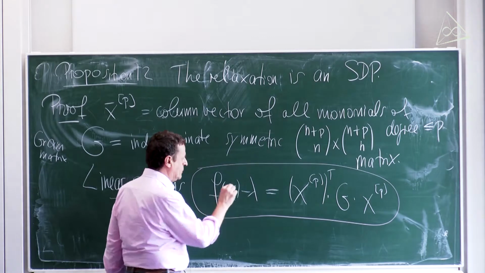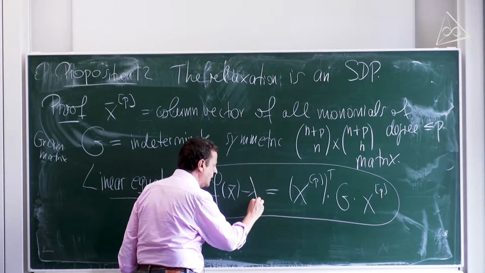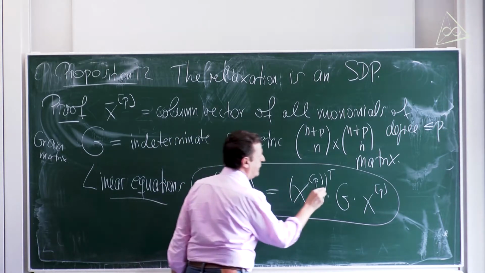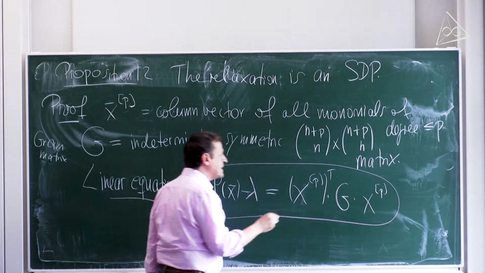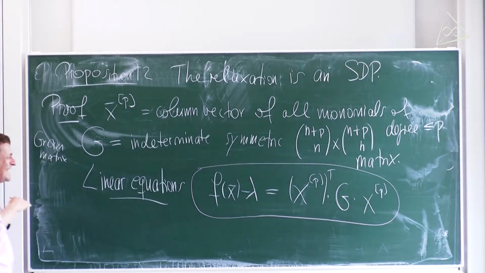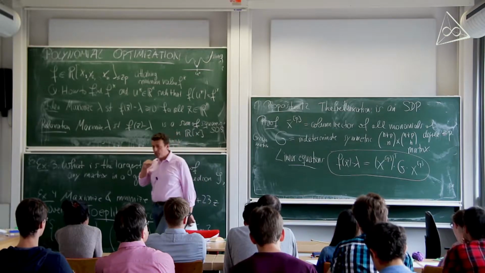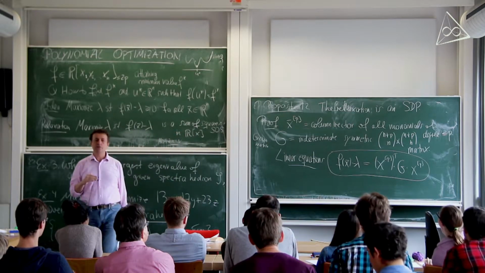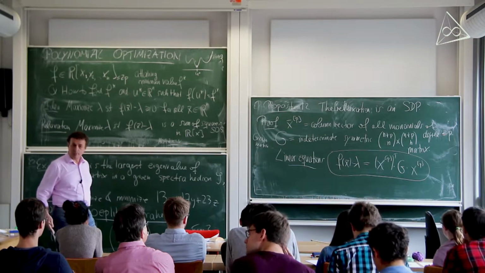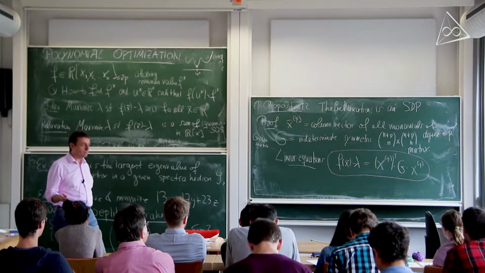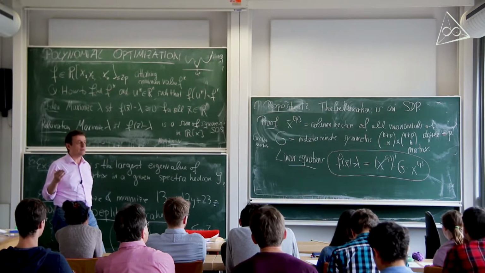So what are the unknowns? Well, the unknown is lambda, right? And the unknown is G. And then this is a system of linear equations that takes place in the space of polynomials of degree 2p. Okay? The left thing is a polynomial of degree 2p, and there's just one unknown lambda floating around.